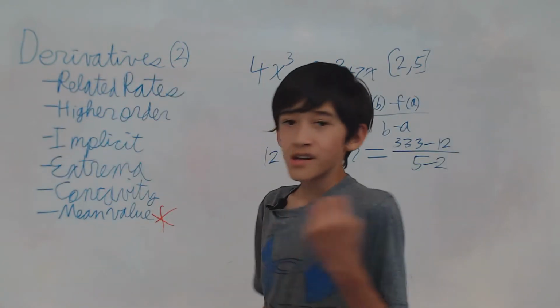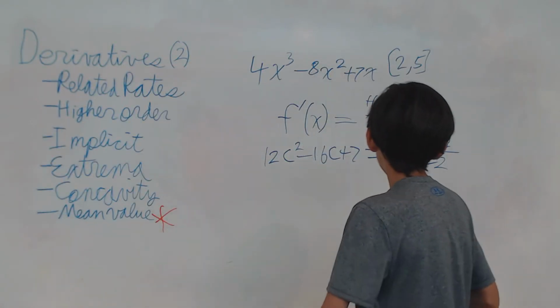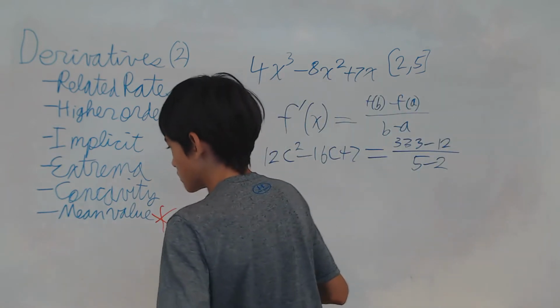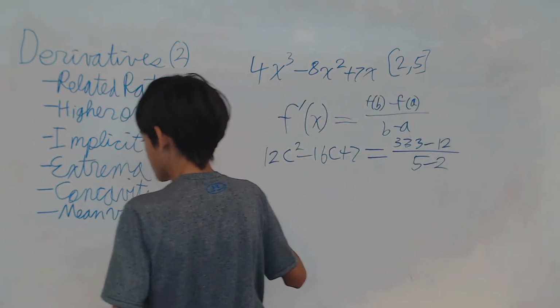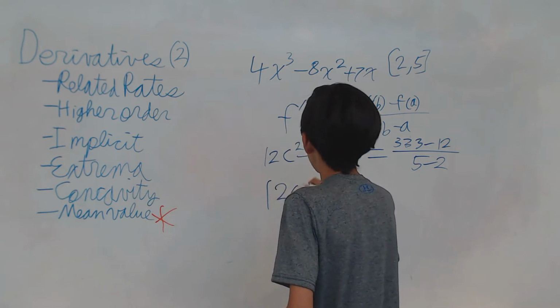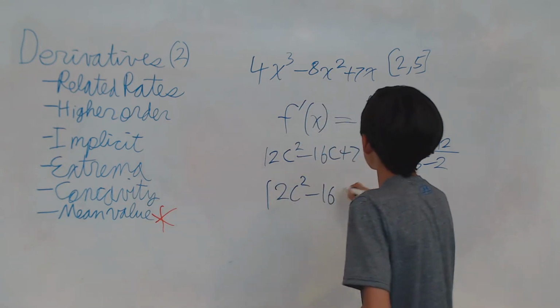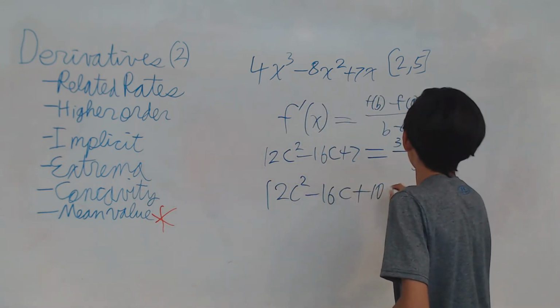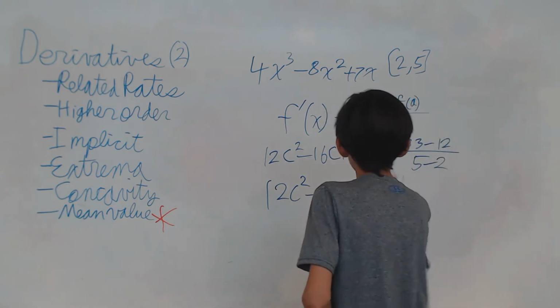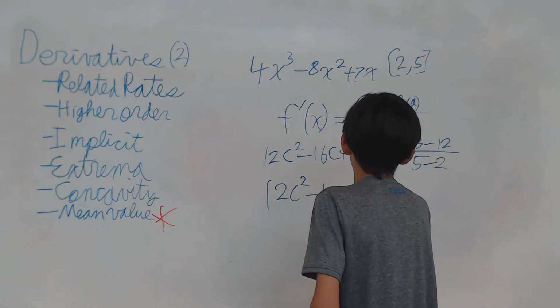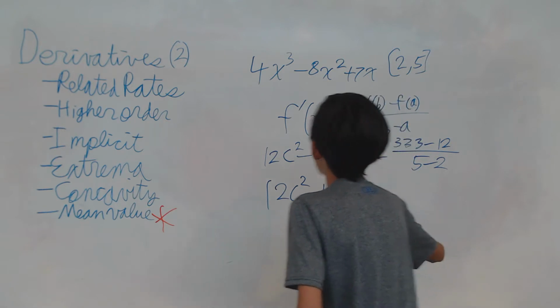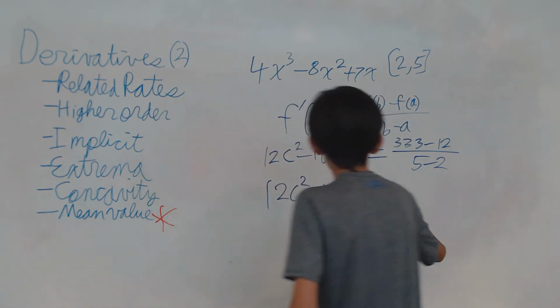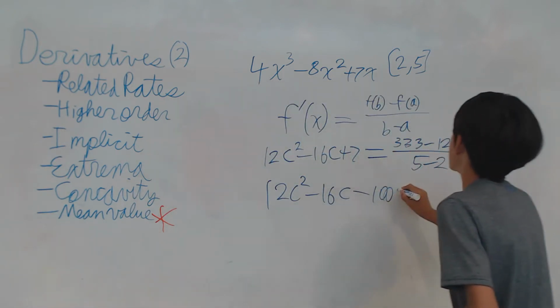Alright, now we can solve. Once we evaluate this, we would get 12c squared minus 16c plus 100. No, I think it's minus 100. Just simply moving the right side over. Yeah, it's minus 100, equals 0.